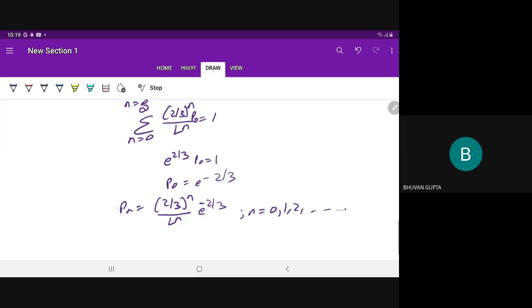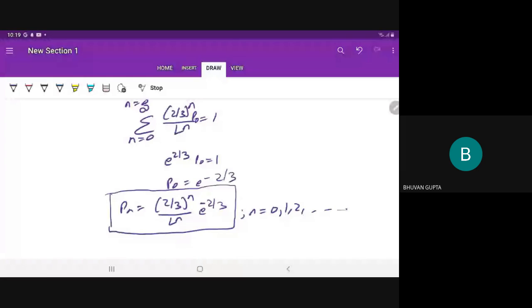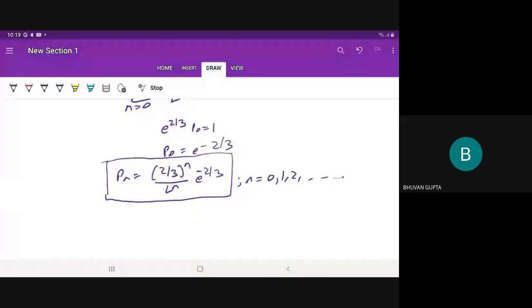From the expression, you can recognize something. It is a very famous expression. Yes, it is the PDF of the Poisson distribution.